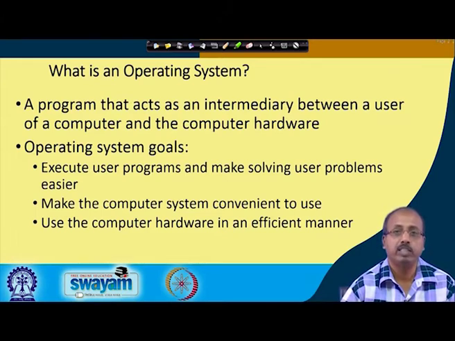There can be several issues. For example, the availability of the resources: the resources should be available when I want them. Then there may be multiple users who want to use the resource simultaneously. I will take a very simple example. Suppose there is a printer connected to a computer system.